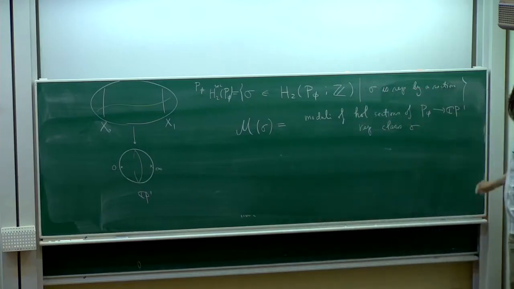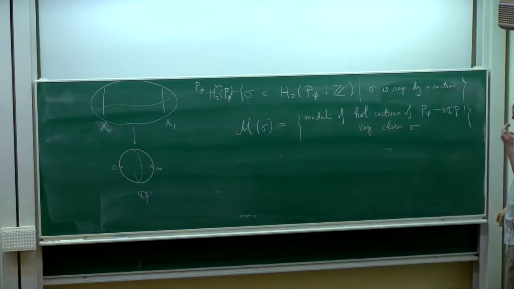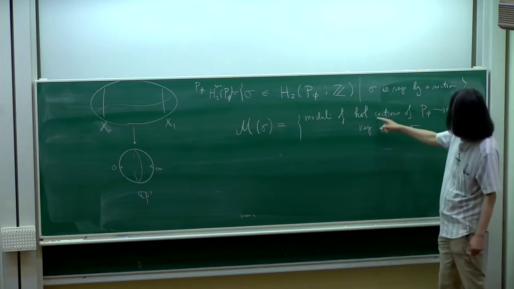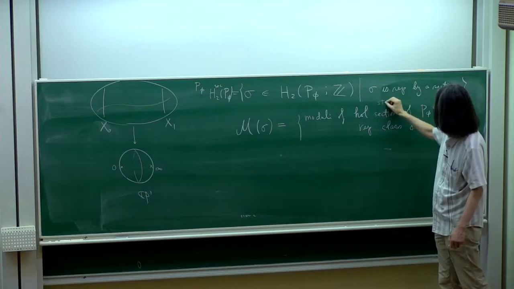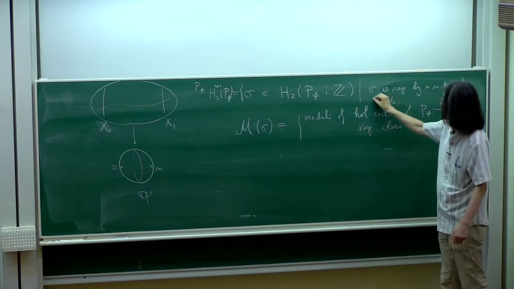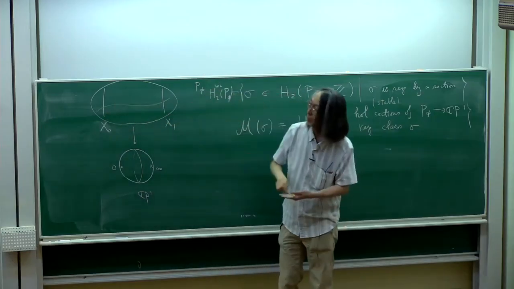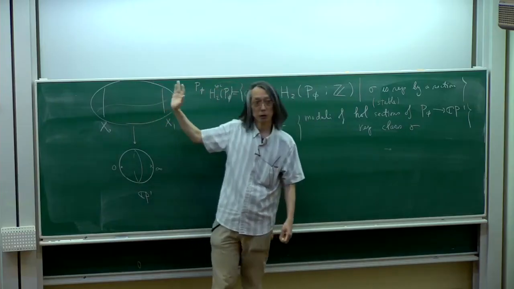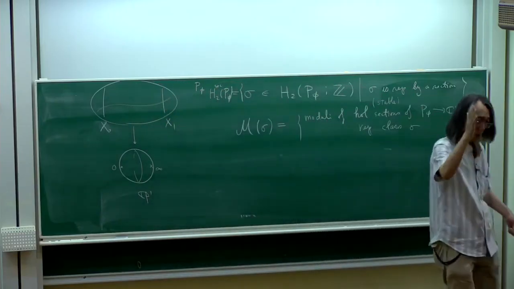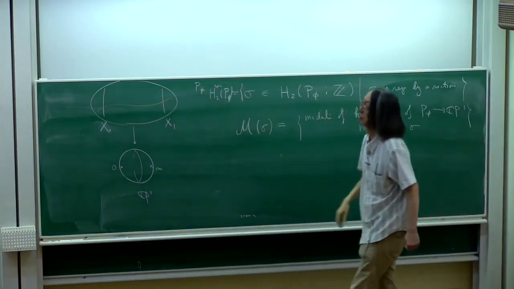Okay? And then we need to take its compactification. So maybe it's better to not only consider sections, but kind of stable sections. That means you have some section, and in addition to the section, you may have some holomorphic stuff in the fiber. So you have some P1 in the fiber, and then you have this section.